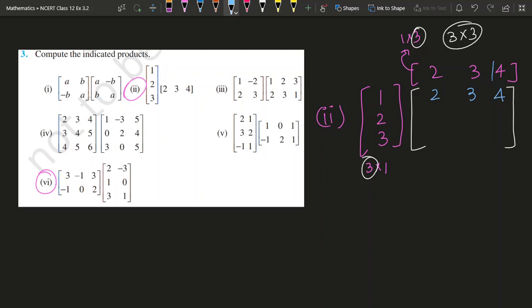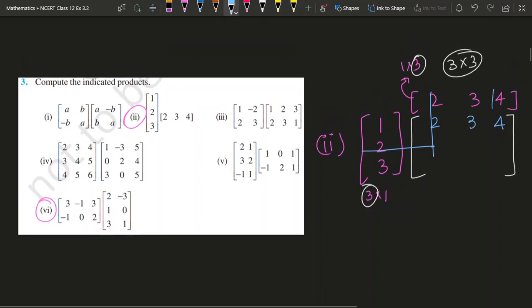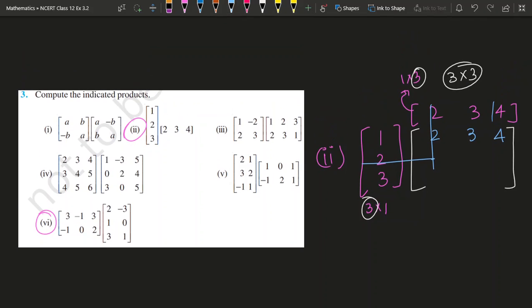So 2 times 2 will be 4. 2 times 3 will be equal to 6. And so on, you can do 8. 3 times 2 will be equal to 6. 3 times 3 will be equal to 9. And 3 times 4 will be equal to 12.